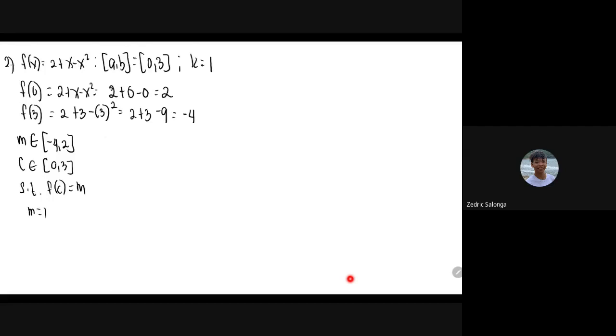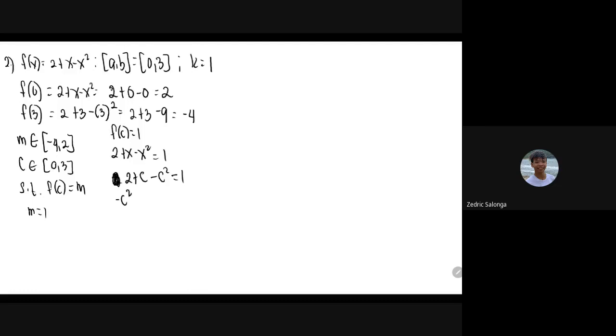So, since f of c is equal to 1, solving our quadratic equation, we have 2 plus x minus x squared equal to 1. Sorry, I forgot to replace it with c. I still need to replace it. So 2 plus c minus c squared is equal to 1.